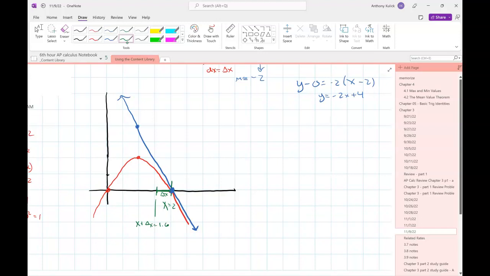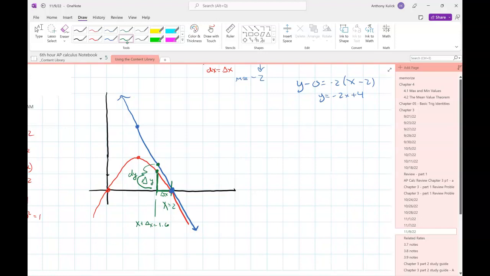So if I take this point here down, that is the change in y, right? At x, the y coordinate was 0. So this is just like delta y. Everybody's cool with that? And if I take this point here and look at this, that's dy.